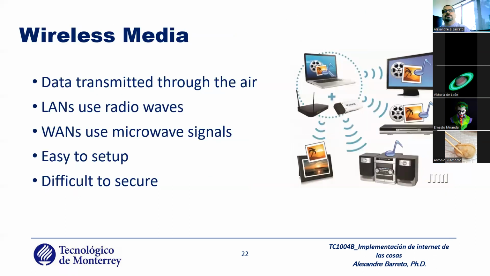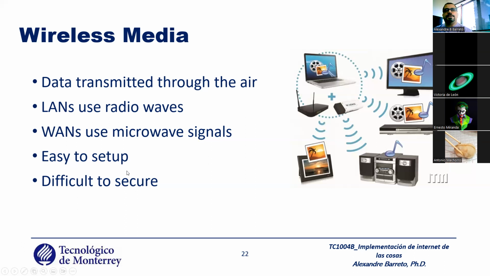And the wireless medium transforms information into radio wave pulses, or microwaves. If you use a local area network, you use radio waves. Some types of technology use microwaves, but for others you can use radio waves.